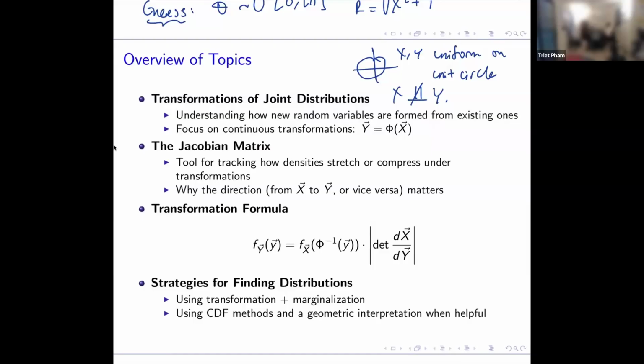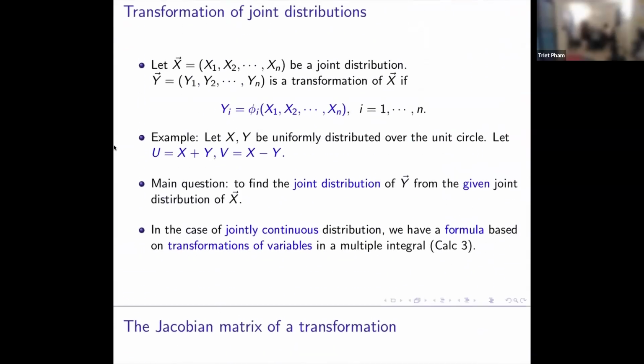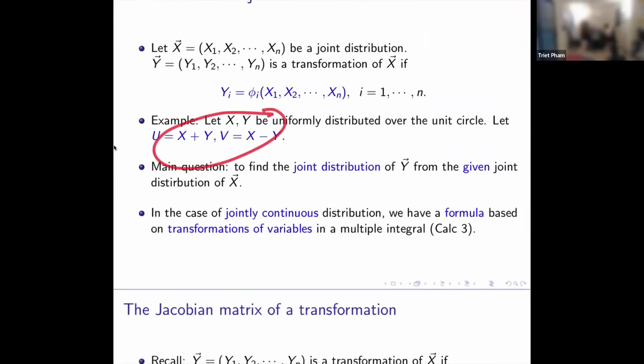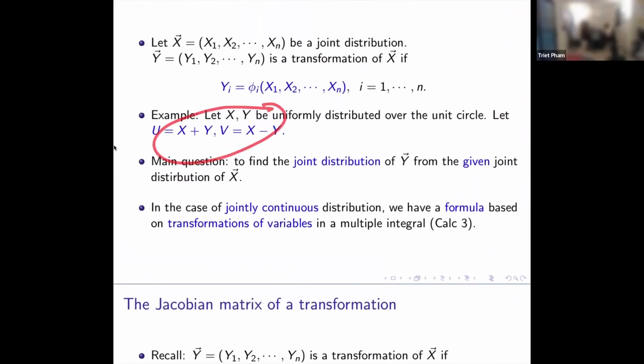Basically, if you transform X, Y into a pair U and V through a mapping like this, where U is a function of X and Y, and V is a function of X and Y, then this technique will tell you what the joint distribution of U and V is. And this is actually an old technique, as in you should have seen this before.